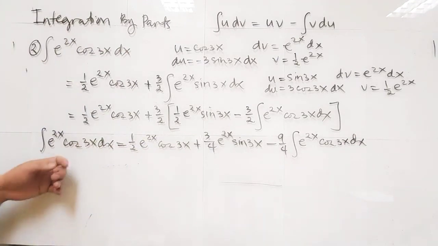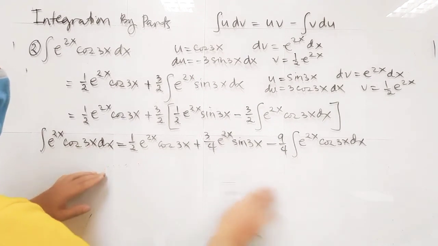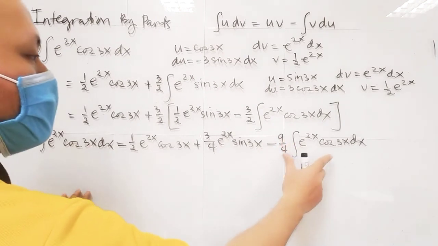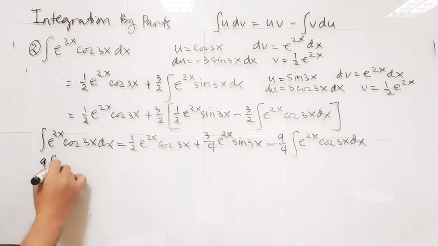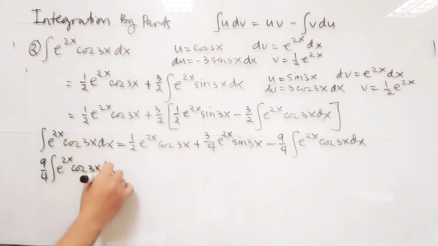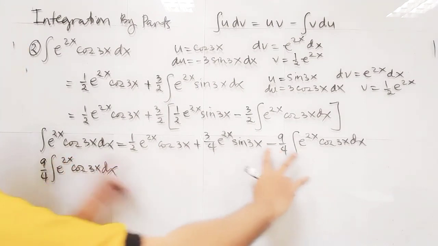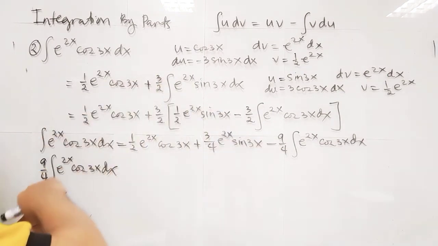Notice this one and this one, they are identical, e to the 2x cosine 3x dx. So what we will do here is transfer this one to the other side. That becomes 9 over 4 integral e to the 2x cosine 3x dx. This is negative, so it becomes positive when you transpose it to the other side.